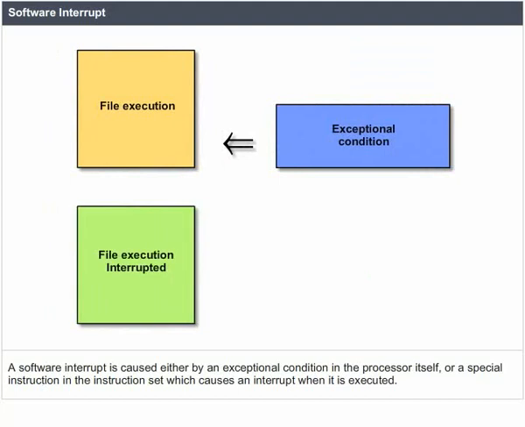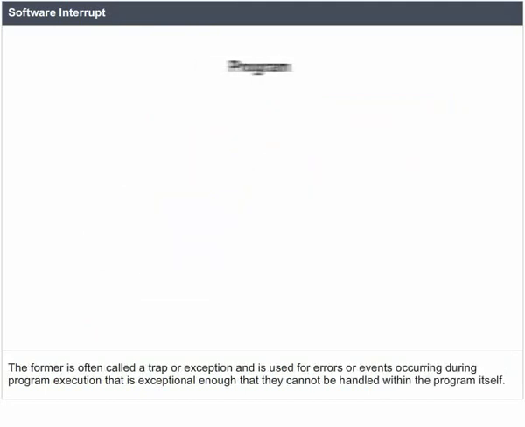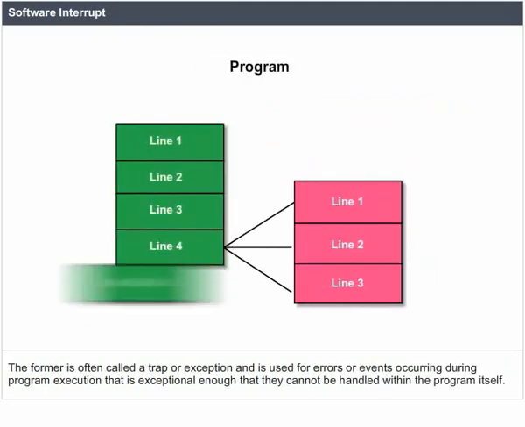Software interrupt. A software interrupt is caused either by an exceptional condition in the processor itself or a special instruction in the instruction set which causes an interrupt when it is executed. The former is often called a trap or exception and is used for errors or events occurring during program execution that is exceptional enough that they cannot be handled within the program itself.